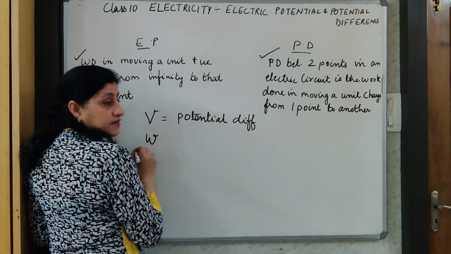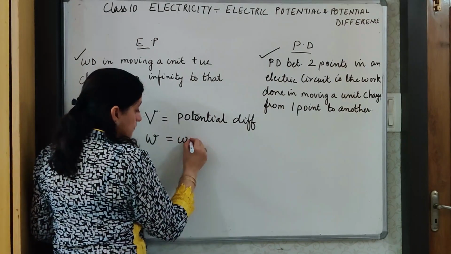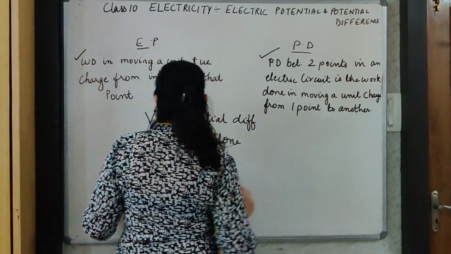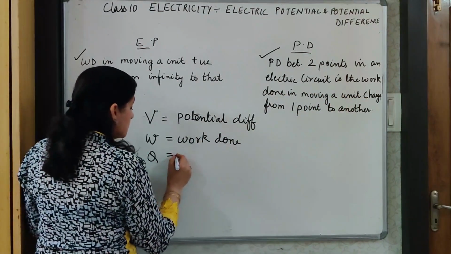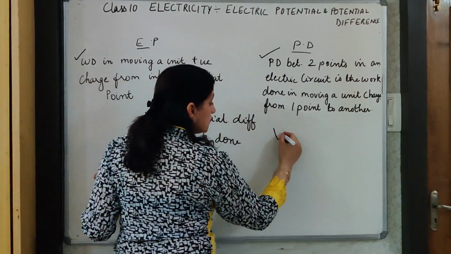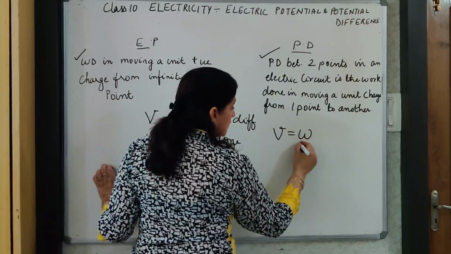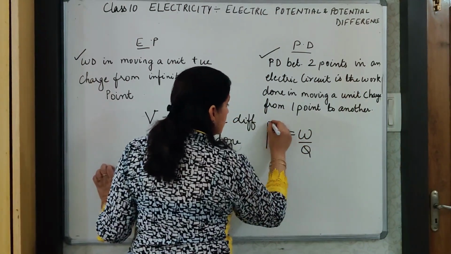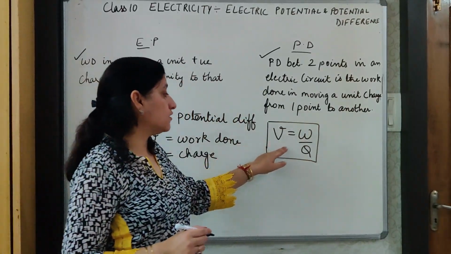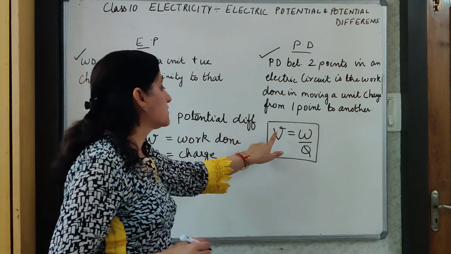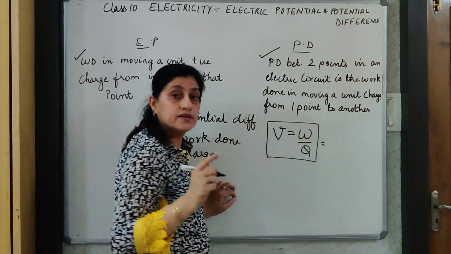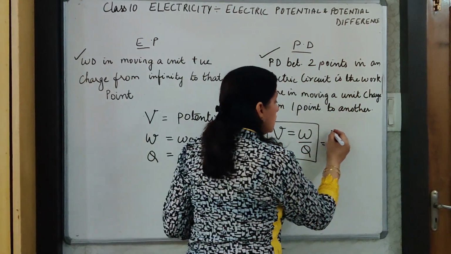Symbol for work done we take as W. And work done in moving a unit charge. Symbol of charge we have done in the previous video also. It is Q. So potential difference is defined as the work done per unit charge. Alright. This is the formula of potential difference. Symbol V. The unit of work done you have done last year also is Joule.